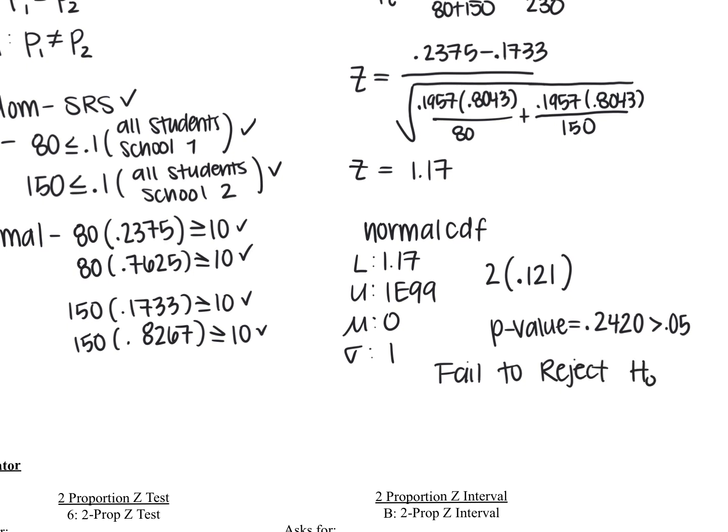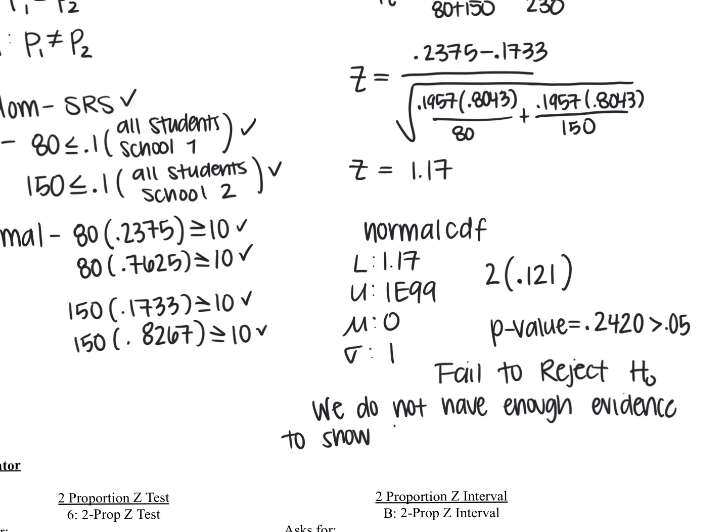So for our sentence, we say, we do not have enough evidence to show a difference in proportion between the two schools.